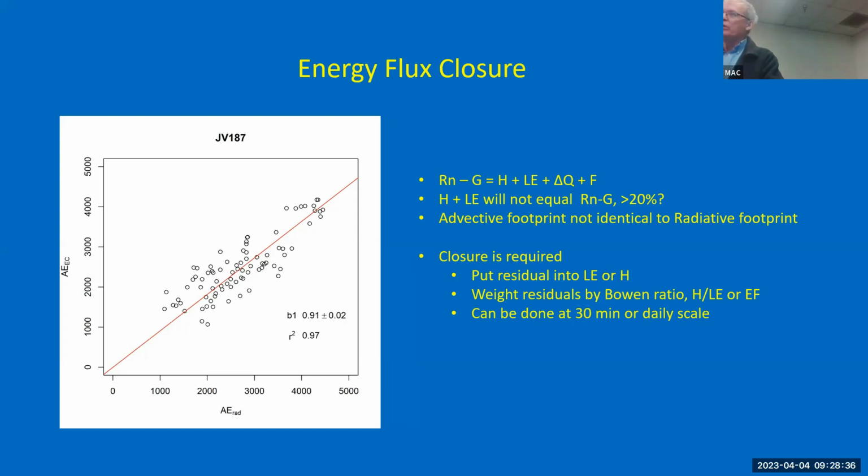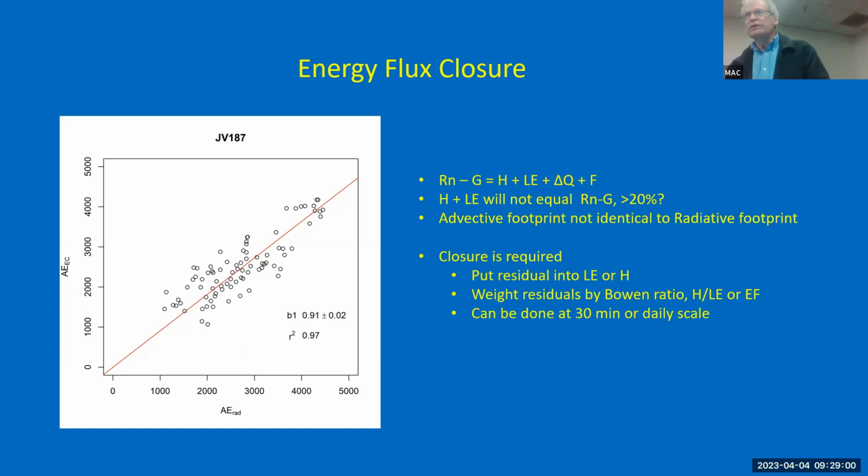There are two other terms we often ignore, but maybe we shouldn't. It's called delta Q. That's the storage in the canopy. Not important for broccoli and lettuce and other short crops. But if you're dealing with trees, thick trees or thick maybe sorghum or something, there's a lot of energy that's stored dynamically within the canopy, and you need to account for that.